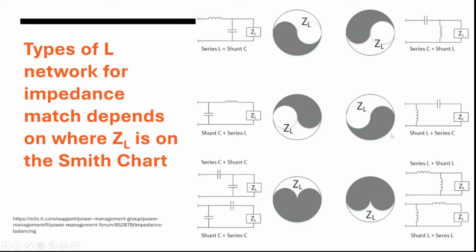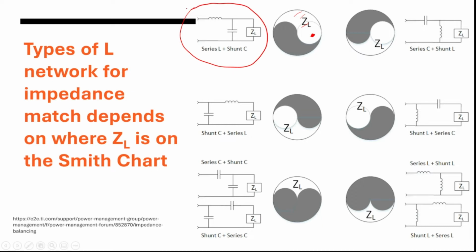Here are some examples of the types of L network for impedance matching, depending on where our ZL is located on the Smith chart. For example, let's look at the first one. If our ZL is anywhere in this region, let's say here, to do impedance matching for this load we can use this configuration or this circuit.